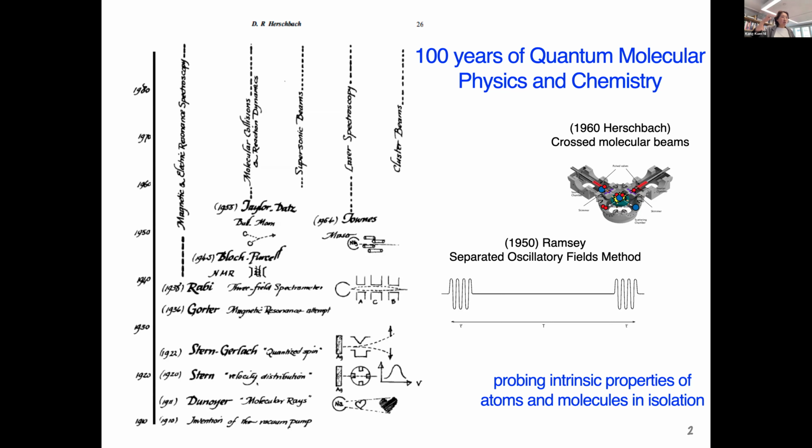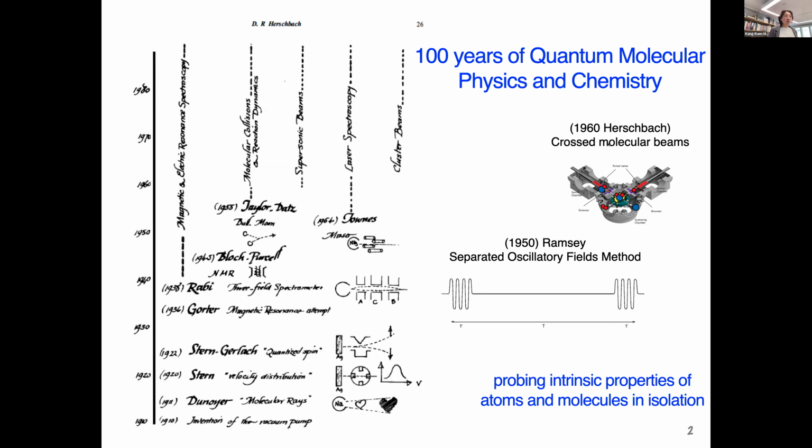And then a slew of innovative techniques and demonstrations since then: the Stern-Gerlach experiment, Rabi oscillations, Ramsey separated oscillatory field methods, so on and so forth, and including Professor Herschbach's own crossed molecular beam experiment, allowing us to examine and study chemical reactions at single collision events.